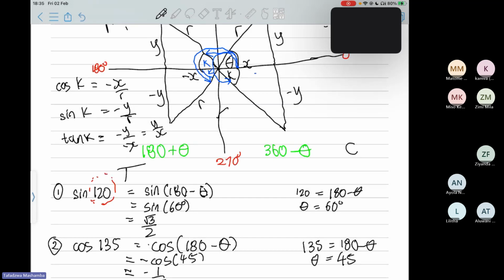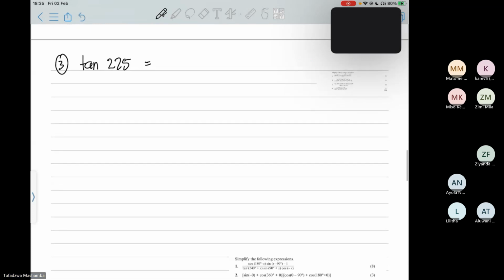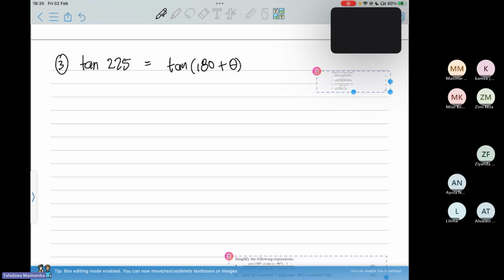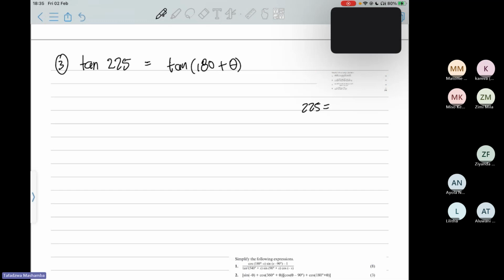So from there, we can say that this means tan is 180 plus theta. Let's rewrite this as 225 is equal to 180 plus theta.